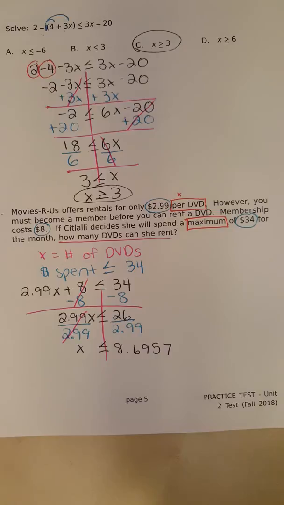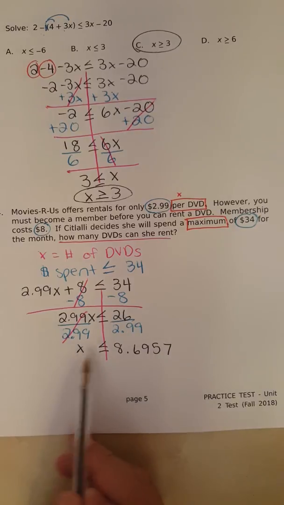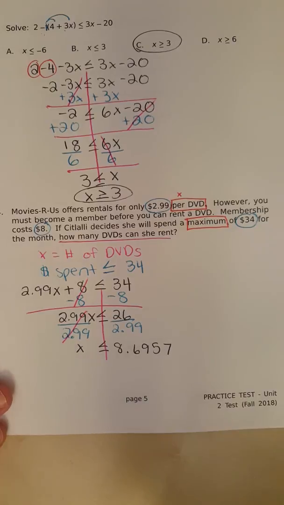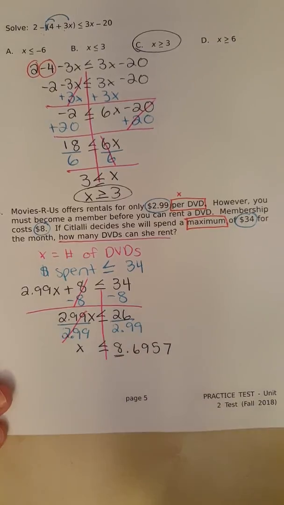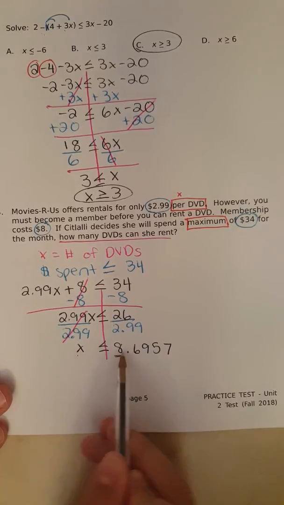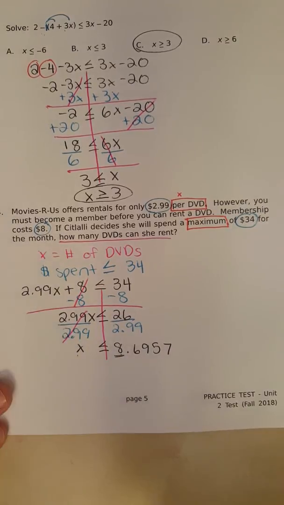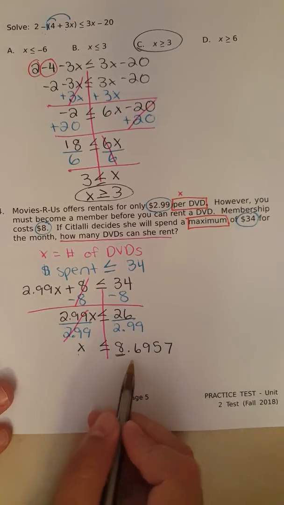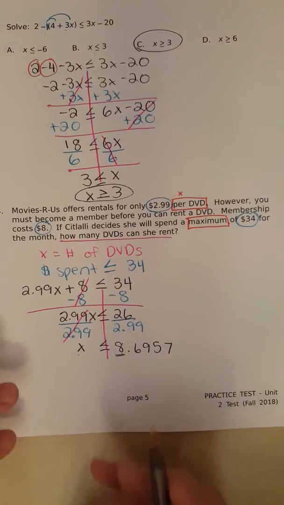Now, when we talk about DVDs, we're not going to talk about decimals. We won't have parts of DVDs. So really, if we just look at the whole number, we can't round up because she won't have enough money. So we're really looking here. The number of DVDs she can rent is going to be 8 or less. She's not going to be able to rent any more than 8 because she can't rent part of a DVD.